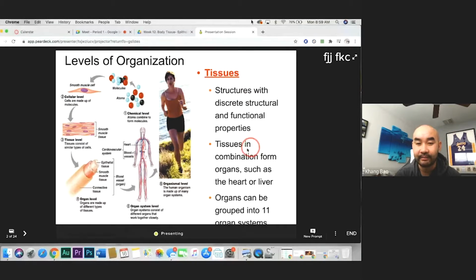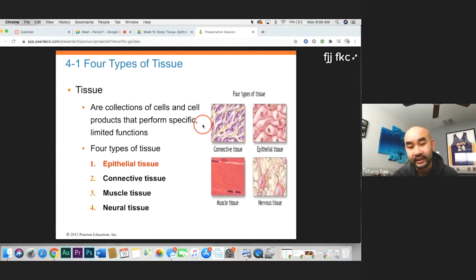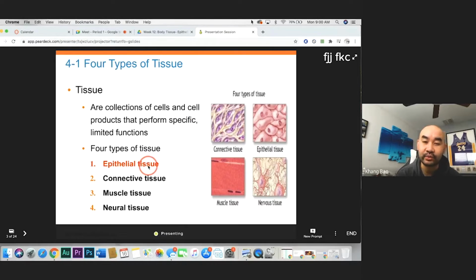All right, moving on, okay? Today we talk about tissue. There are 4 types of tissue in our body. So all the organs in our body are divided into 4 tissues. And they are epithelial tissue, connective tissue, muscle tissue, and nervous tissue, or neural tissue, your nervous system. Epithelial tissue would be like your skin part.